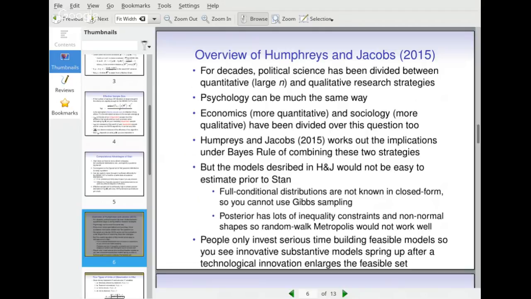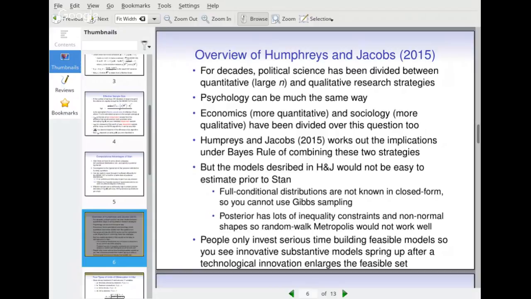So in this case, the full conditional distributions are not going to have known forms. So you couldn't do Gibbs sampling, really. But there's lots of inequality constraints and other things that make this probably not a multivariate normal posterior distribution, particularly because you might only have a few cases where you have the extra qualitative information. So if this is not going to be well approximated by a multivariate normal distribution, because the sample is too small, then random walk Metropolis or Metropolis Hastings is not going to perform well.